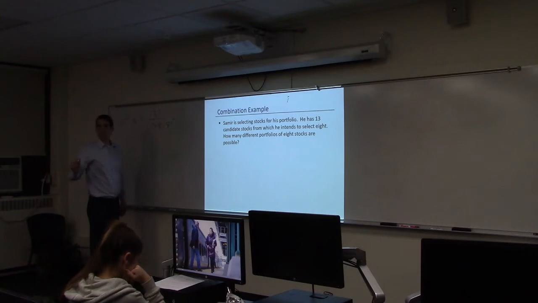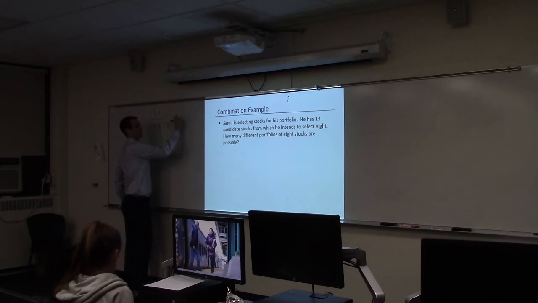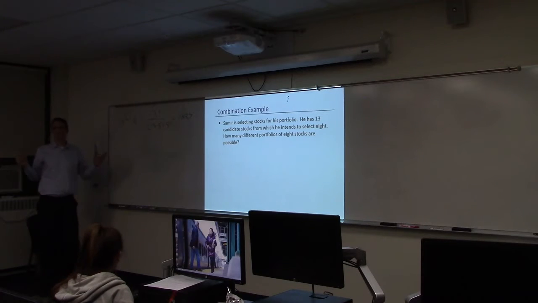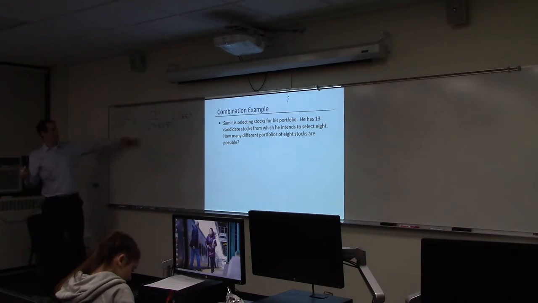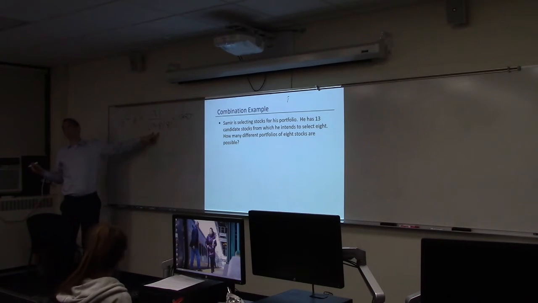Ready? If you have the answer, just blurt it out. 1287. 1287 sounds right to me. 1,287 different combinations. So you want to figure out how to do 13 factorial in your calculator. 13 minus 8 is 7.